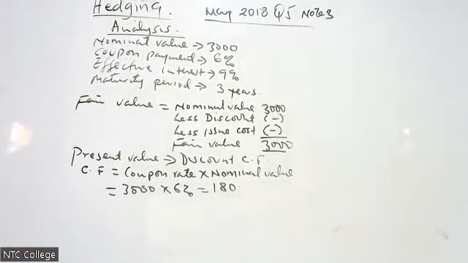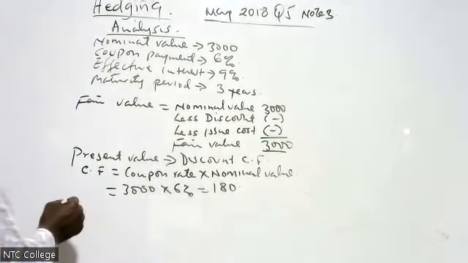Then let me discount and get the present value. I'm going to discount for 3 years.